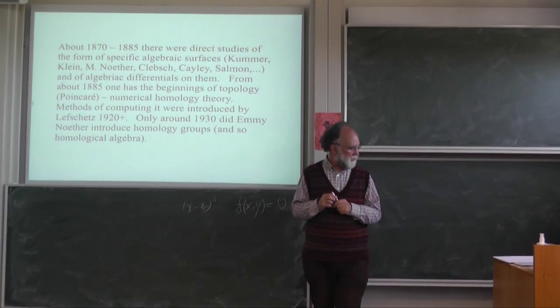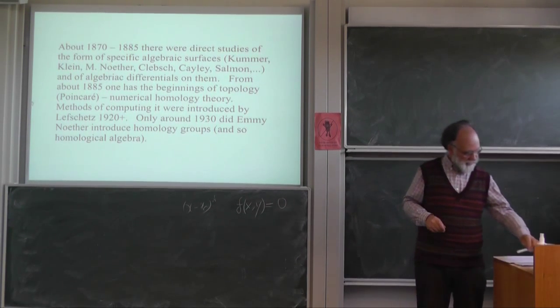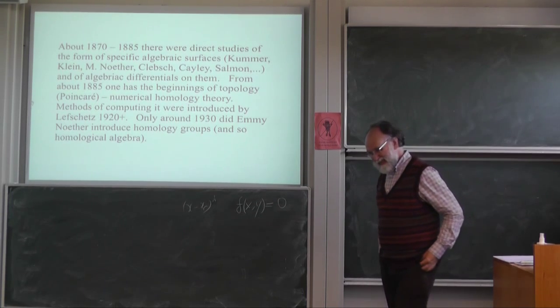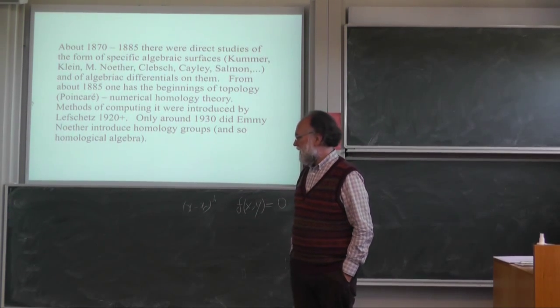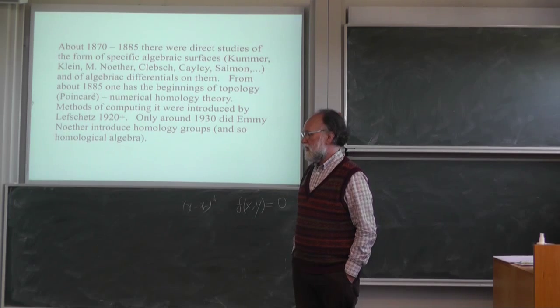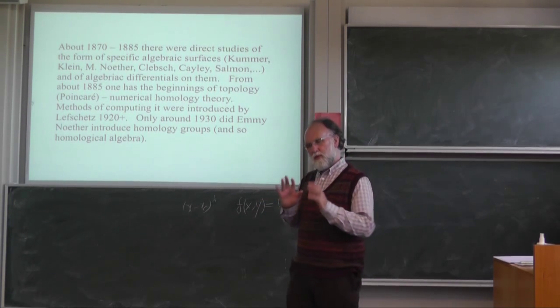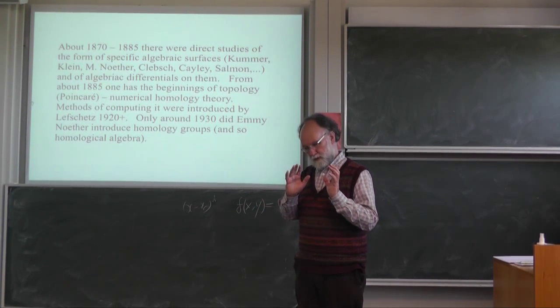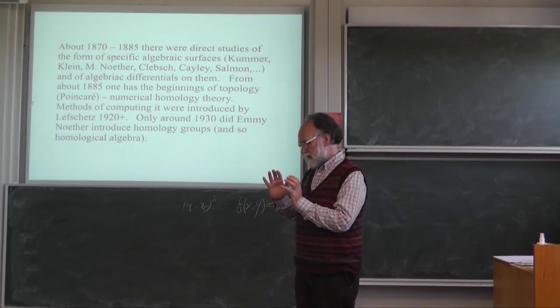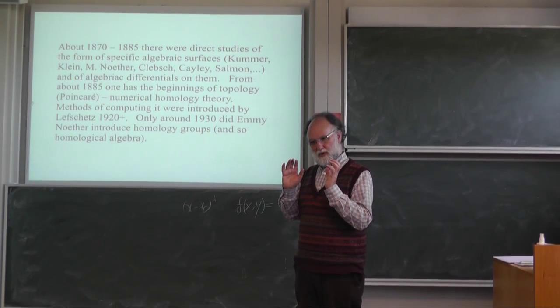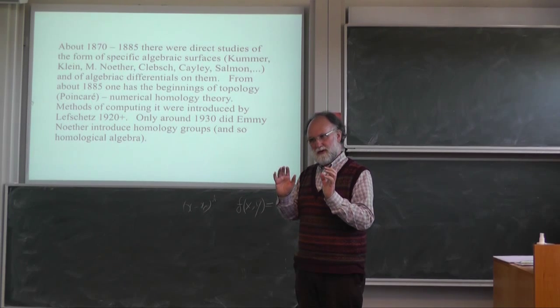One last thing I should say is that about 1930, Emmy Noether unraveled the whole work that people like Poincaré and Lefschetz had been doing, and defined the notion of a homology group and of a cohomology group.